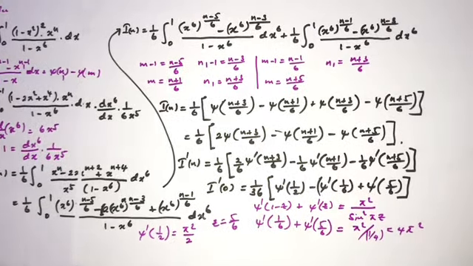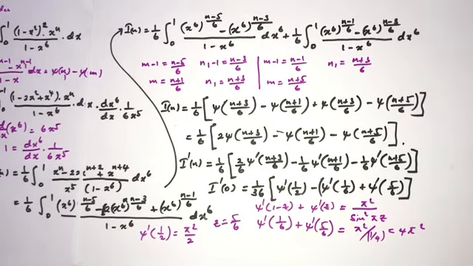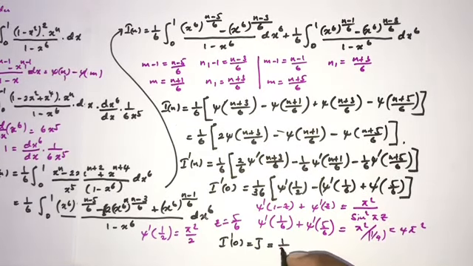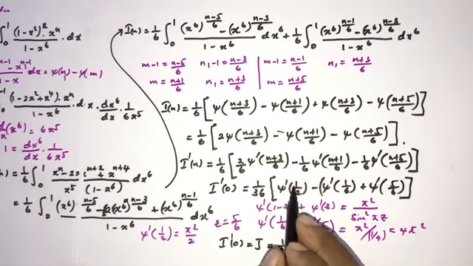Okay, then we can write now I dash of 0 is equal to J, our integral, and this is equal to 1 over 36 times trigamma of 1/2, we know pi square over 2.